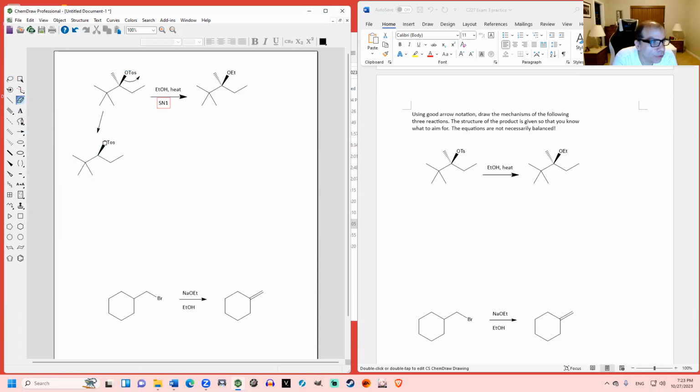And that's going to leave us with a carbocation. In this case, a tertiary carbocation.